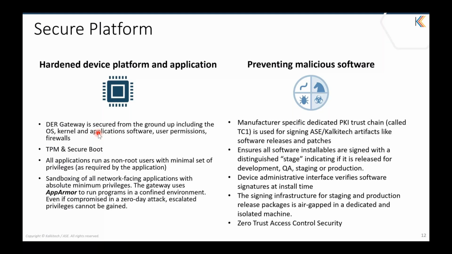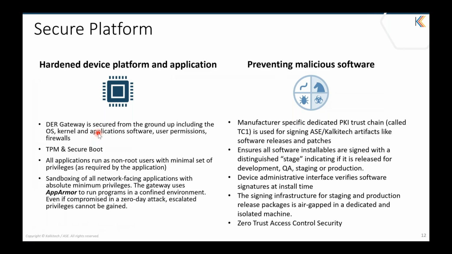There's also application profiling using AppArmor, which enables the applications running inside the gateway to have a profile, in the sense it can configure what user level permissions or file level permissions need to be made available for each application, and only those permitted resources can be used by the applications which are getting loaded into the gateways.